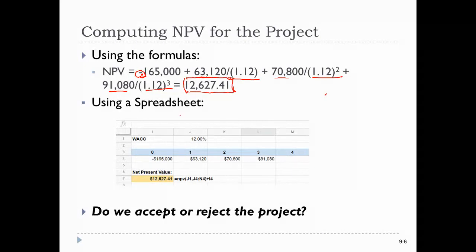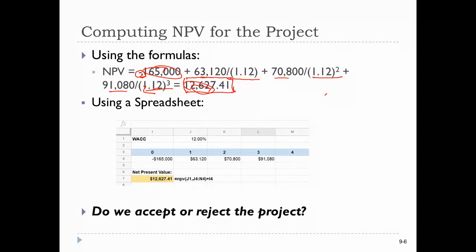So this $12,627 is the value that's created by taking on this investment. Basically, we are taking $165,000 of the company's money and buying something or investing in something that generates cash flows, which are today worth $177,627, I guess, trying to add in my head this number and this number, but I think that's about right.